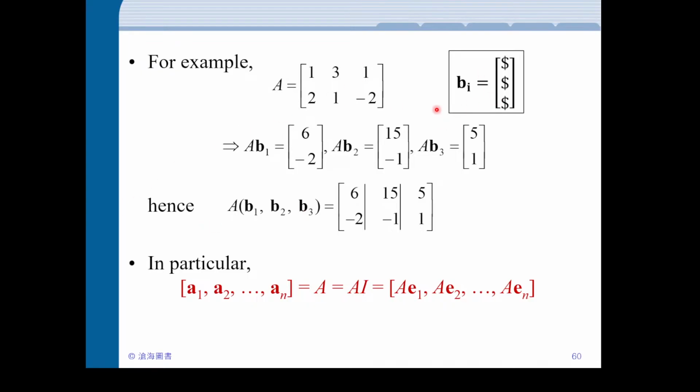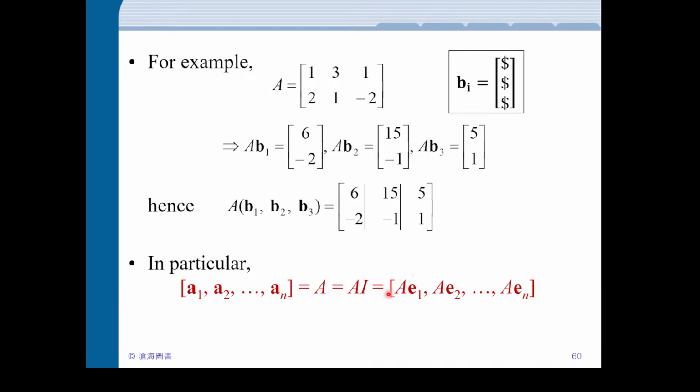Sorry, I got confused myself. So we have A equal to this matrix, and we have 3 column vectors of B being 3-dimensional vectors, and we have AB1 this, AB2 this, AB3 this, and yeah, A multiplied on the matrix of those 3 column vectors will be those 3 column vectors together.